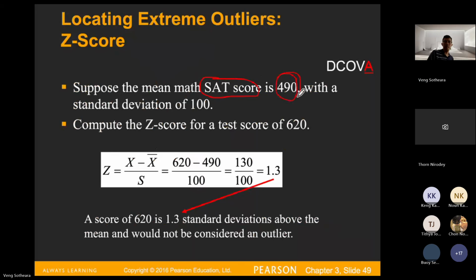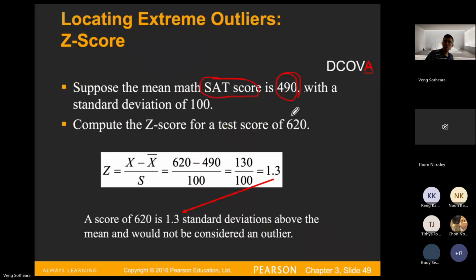A lot of people take the exam, the SAT test, and on average they get 490. The average score is 490, and they have a standard deviation of 100 points, right?